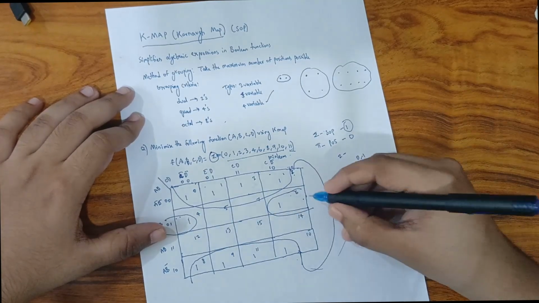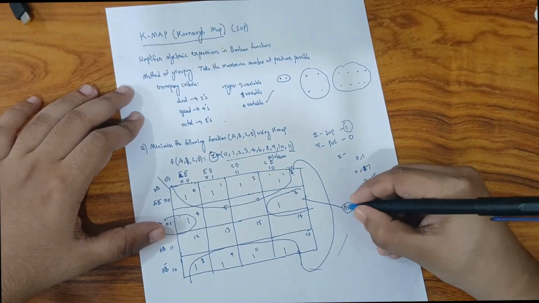We have two groupings right now. Let us consider this as group 1.